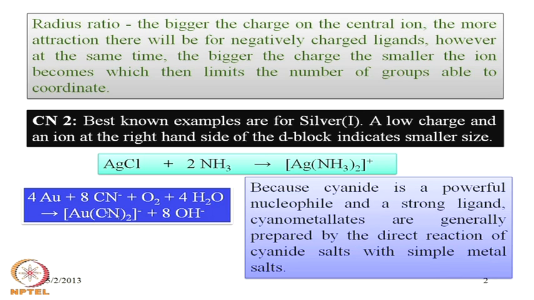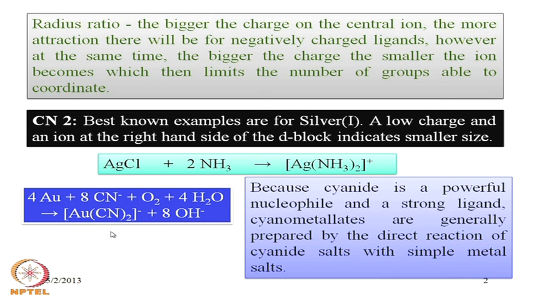So, elemental gold is reacting with this cyanide giving this complex, and for the purification, if H plus is present and no other cationic species is present like potassium or sodium, we get the corresponding hydrogen form, HAu(CN)2.